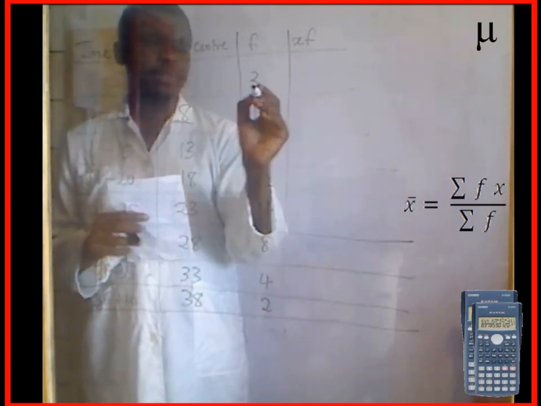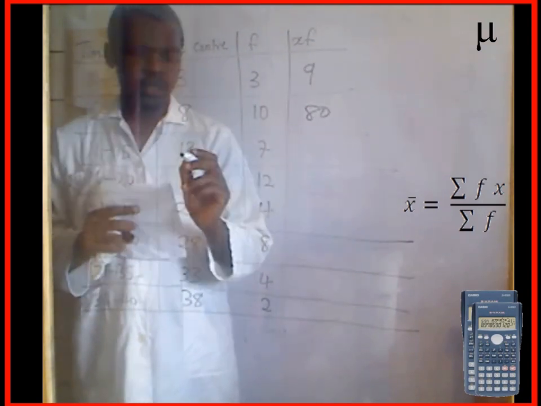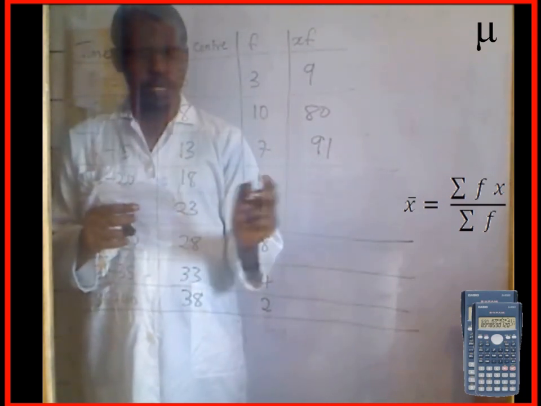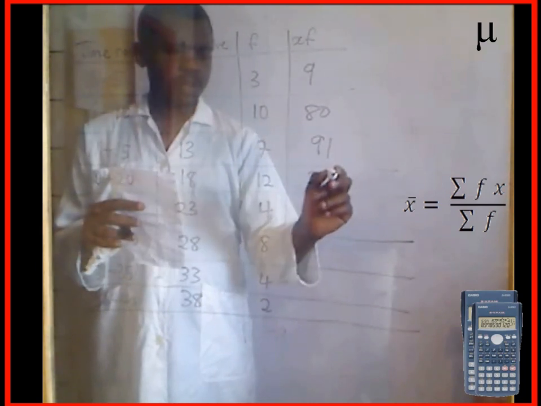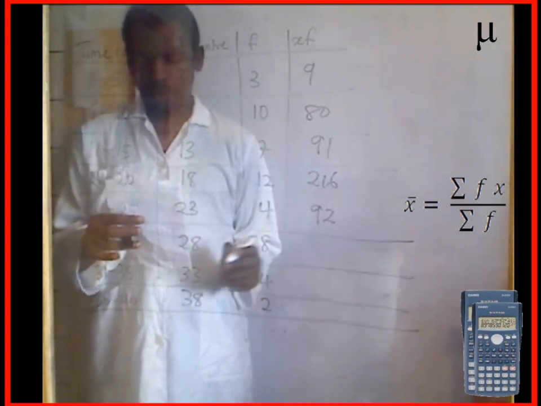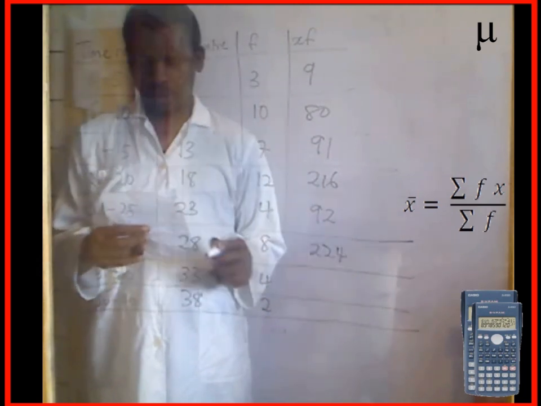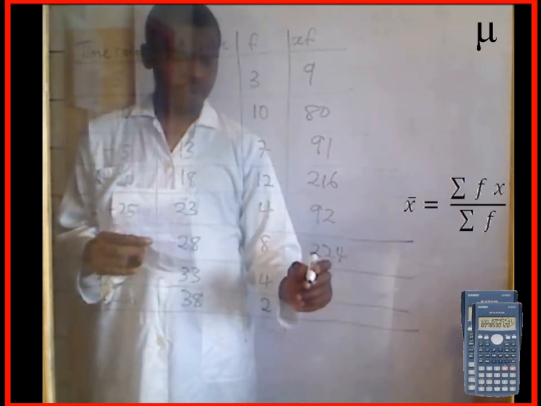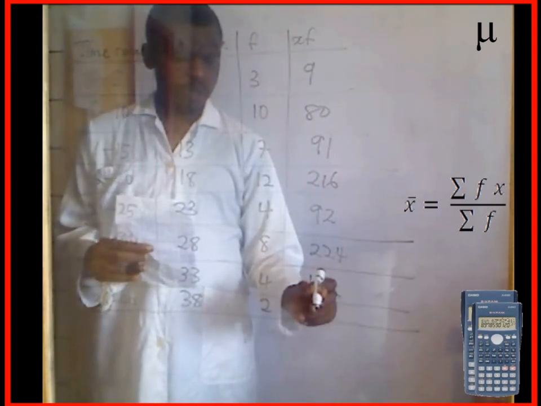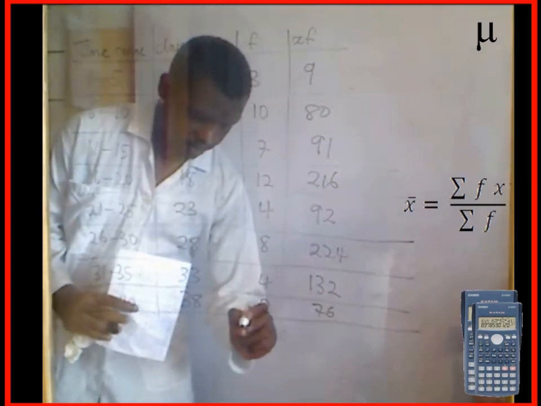This is 3 times 3, 9, 8 times 10, 80, 13 times 7, 91, 18 times 12, 216, 23 times 4, 92, 28 times 8, 224, 33 times 4, 132, 38 times 2, 76. What is the sum of the frequencies?